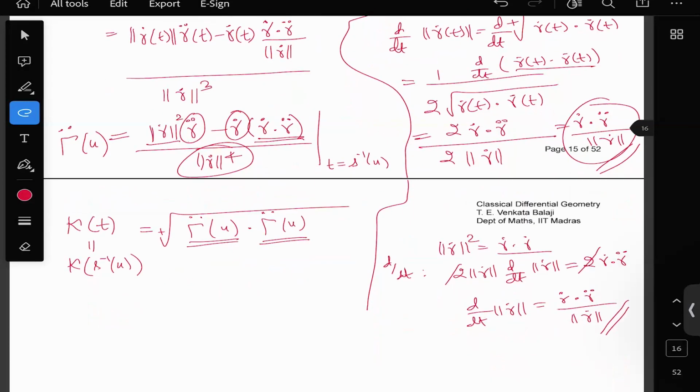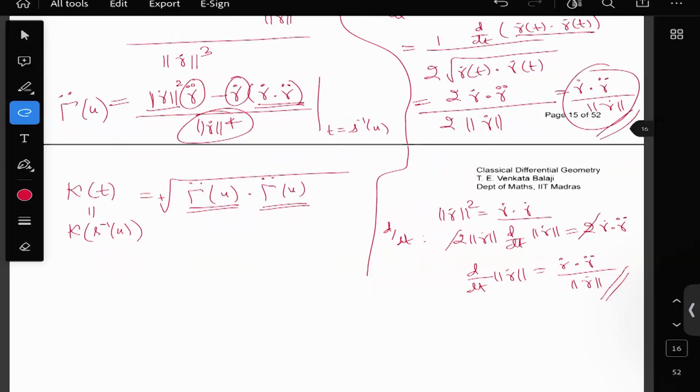Now I have to do that for this thing, all right, and you can do it either way you want, either by thinking of the cross product or without that, and you will see that at the end you will end up with the right formula. So one way of doing this is, if you just write it out as a full blown account, what you will get is, I'll have to take norm gamma dot squared gamma double dot minus gamma dot dot gamma double dot, divided by norm gamma dot to the 4.